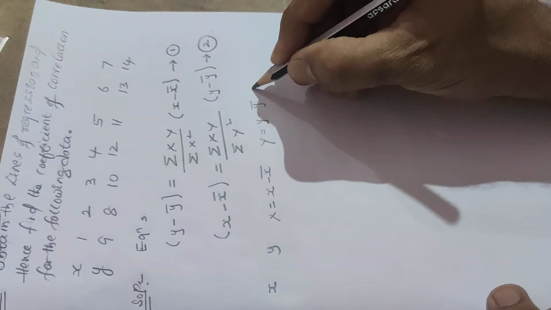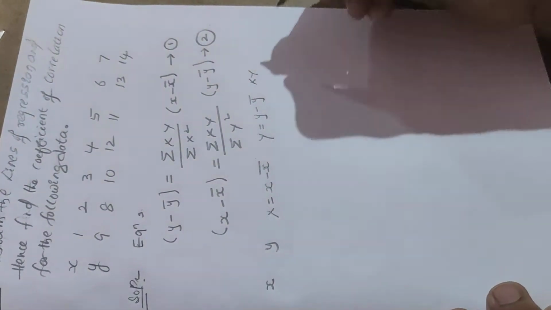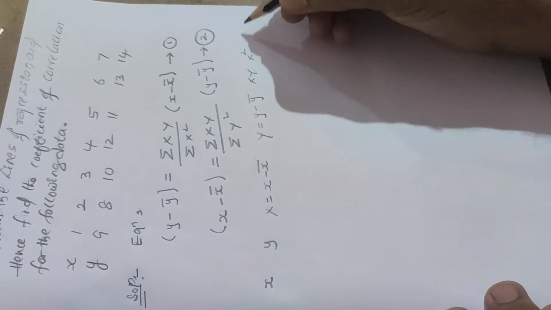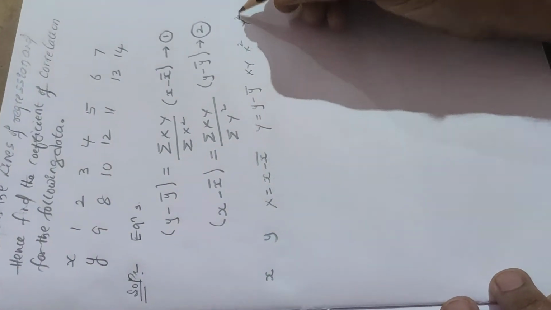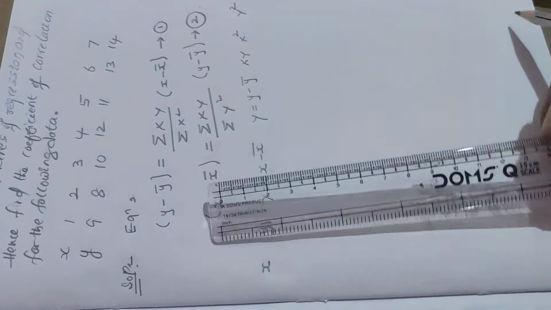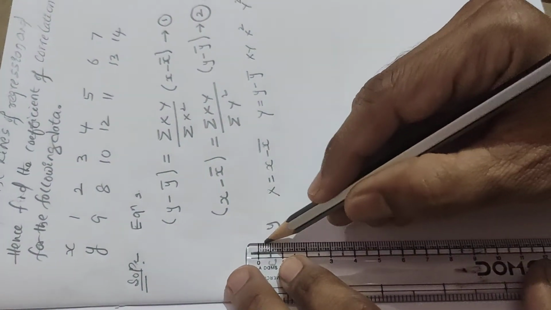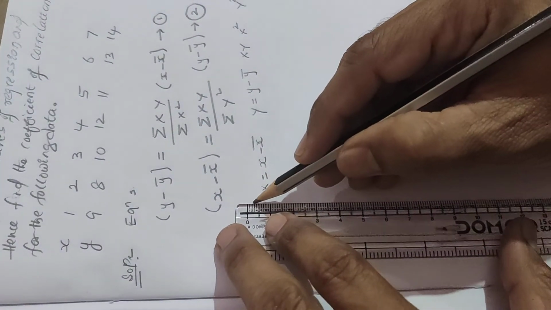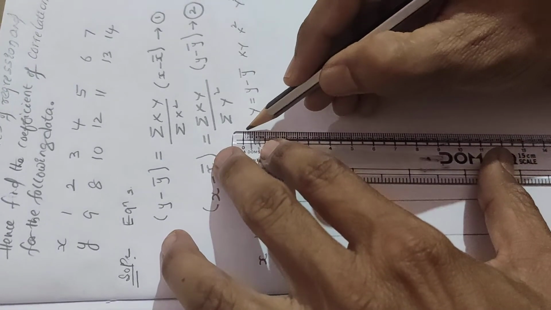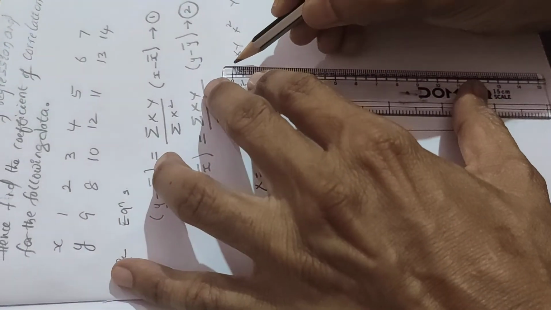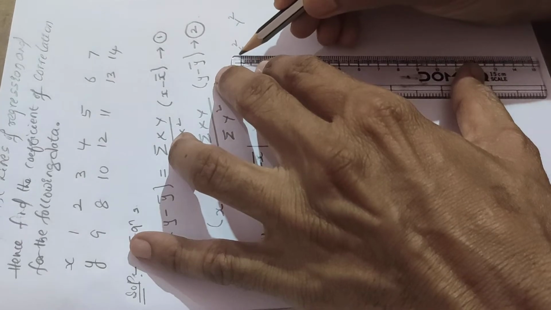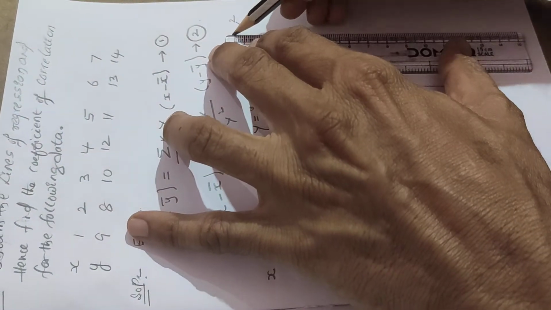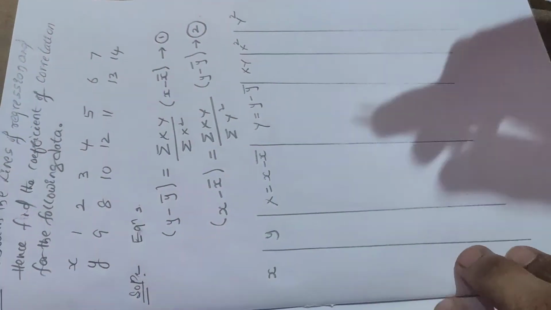Next I want xy, then x square, then y square. So we will prepare that. First the value of x, then y, then capital X, capital Y, xy, x square and y square.